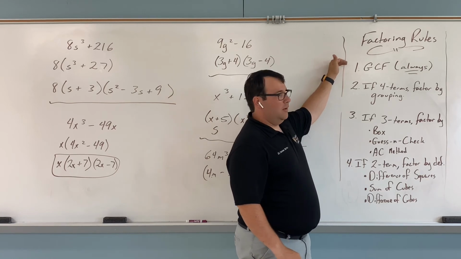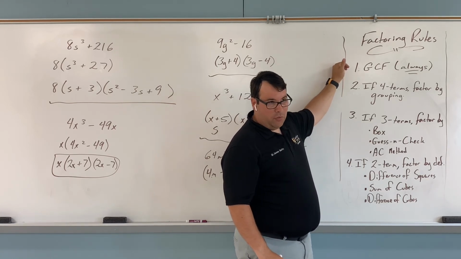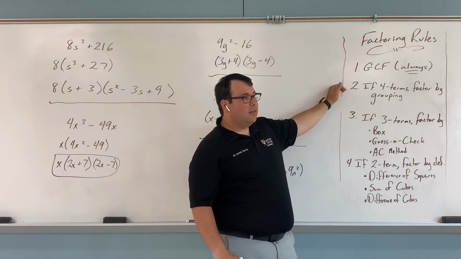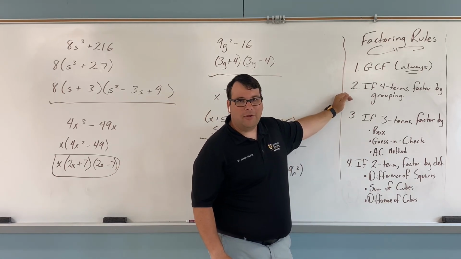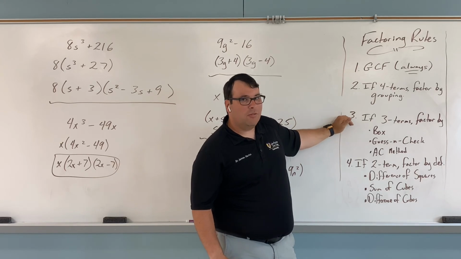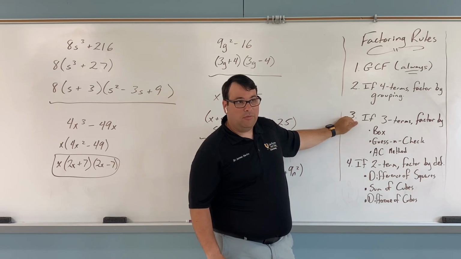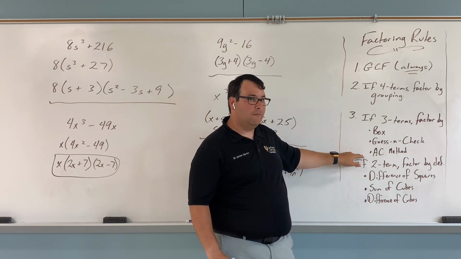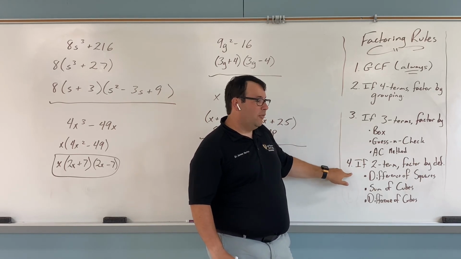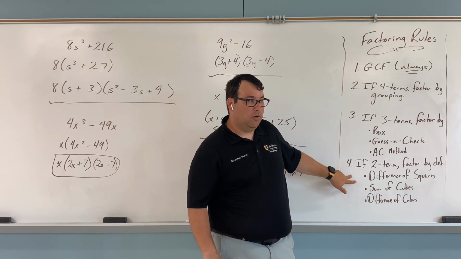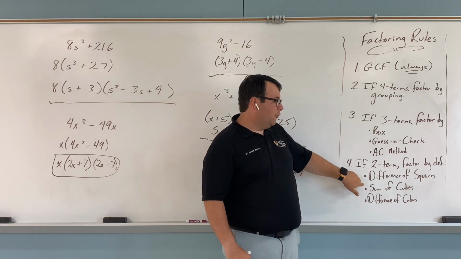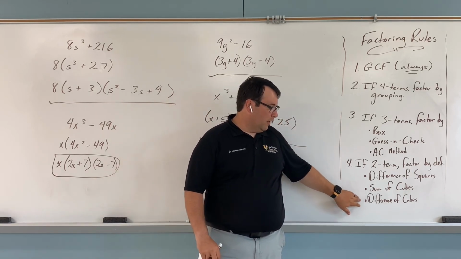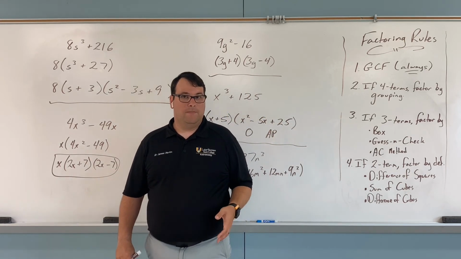Always 1, if you have a common factor, pull out the GCF. 2, if you're dealing with a 4-term polynomial, factor by grouping. 3, if you're looking at a 3-term polynomial, you have a couple options. You can use box, guess and check, or AC method. And if you're dealing with a 2-term polynomial or a binomial, look for the definitions for these 3: difference of squares or sum and difference of cubes.